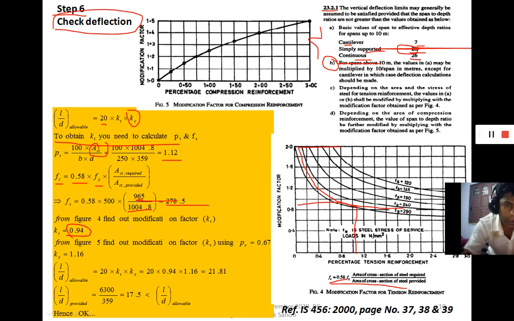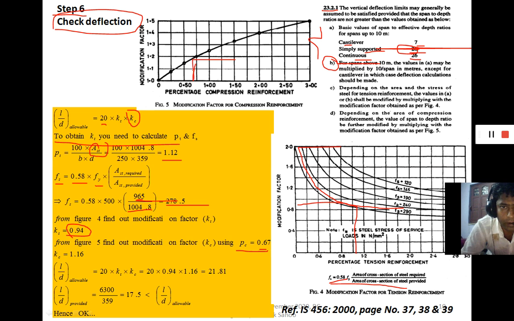From figure 5, find the modification factor for Kc. The Pc, the percentage of compressive reinforcement provided, we already have as 0.67. Here again the x-axis represents the percentage of compression reinforcement and the y-axis the modification factor. So Pc is 0.67, between 0.5 and 0.75.